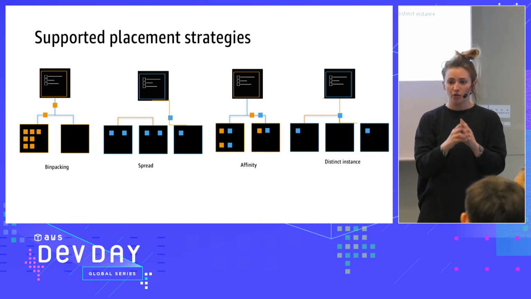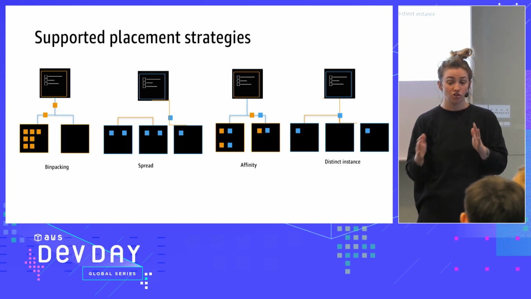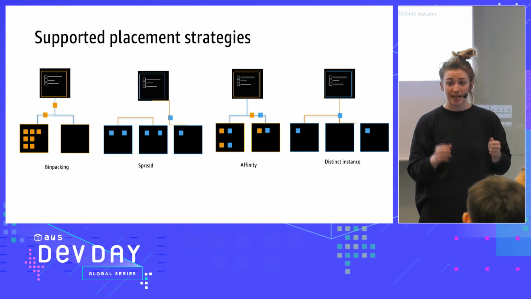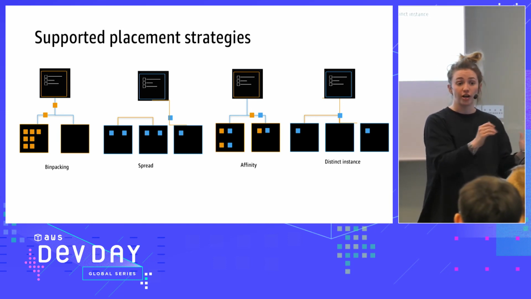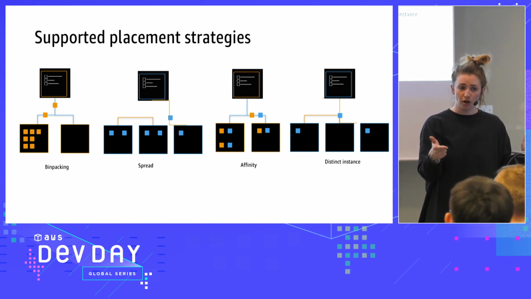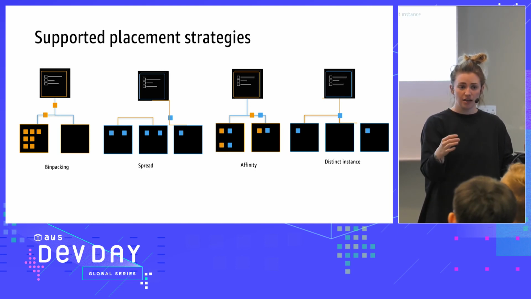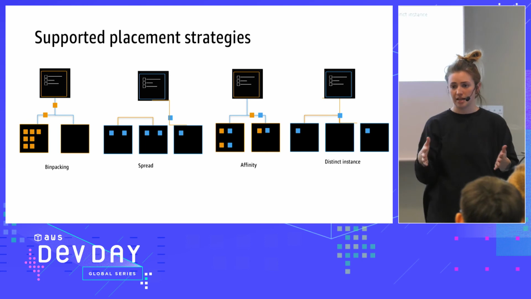So use up all the space that you can on this instance before allocating to a different instance. So if I have one instance that has 10 tasks running on it and one that has 0, if I have space, so obviously if I fit those hard constraints, so if I have enough memory, port, and CPU to support that task, it will go on the one that has 10 tasks running.